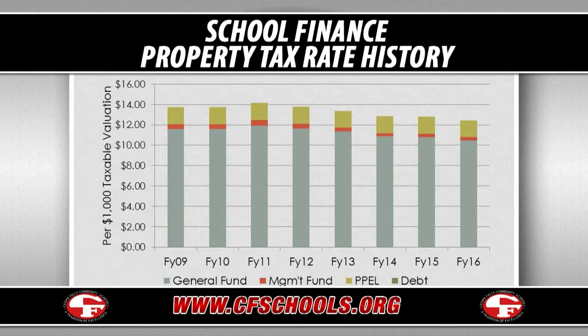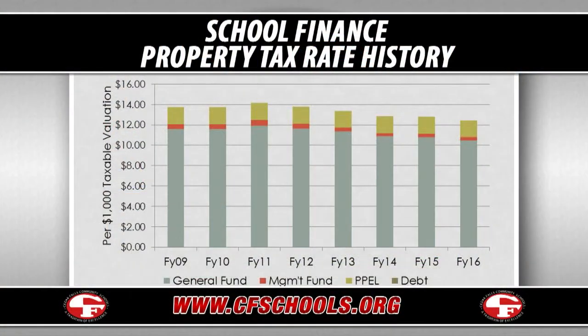And we use that for a variety of things to include the repairs of buildings, purchasing equipment. More and more we're using that for technology, as our technology needs throughout the district have continued to grow. And so those are basically the three funds. Debt service is the other one, but the school district does not have any debt service at this time. Any debt that we have is all paid through our 1 cent local option sales tax revenues.